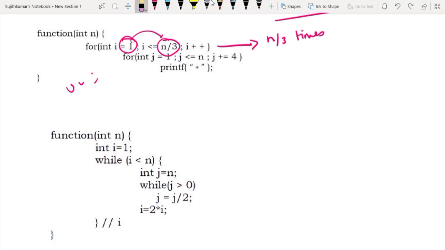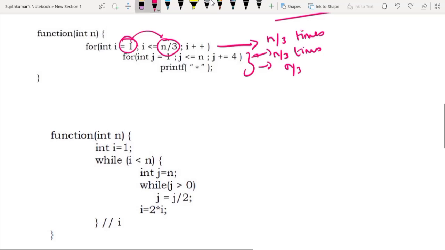But here we are just finding the big O, so you can merely say n by 3 times, and everything inside the for loop will also execute for n by 3 minus 1, or you can approximately say everything inside the for loop will also go for n by 3 times. N by 3 times, right?